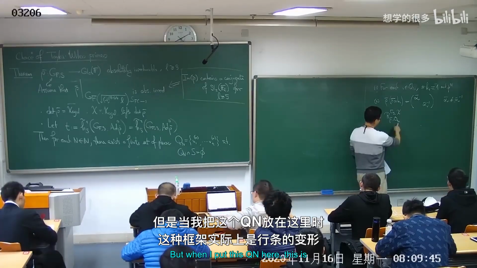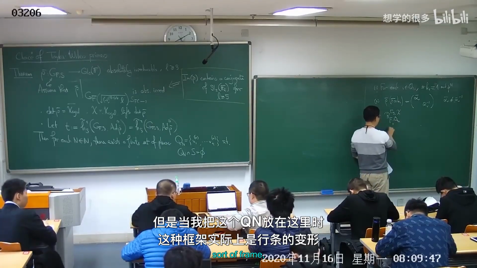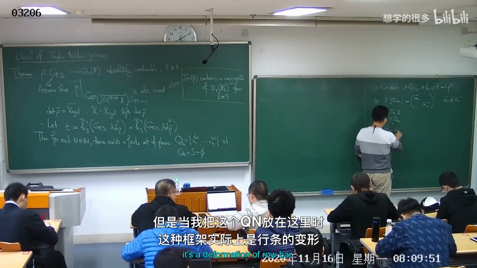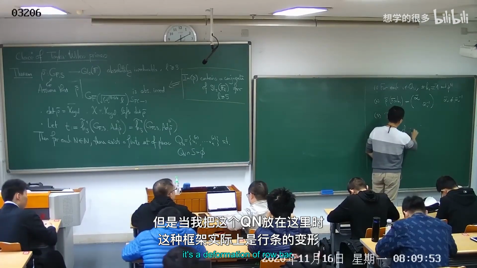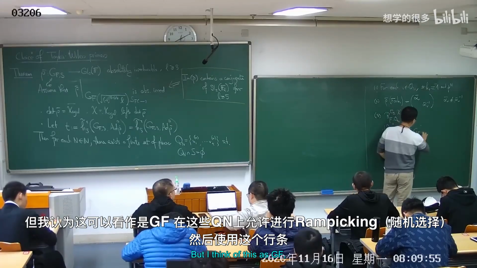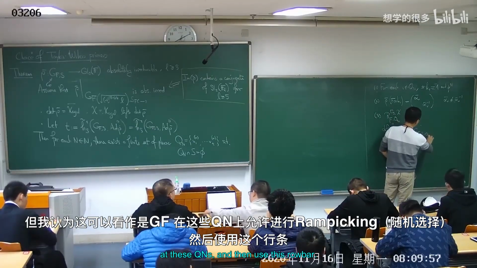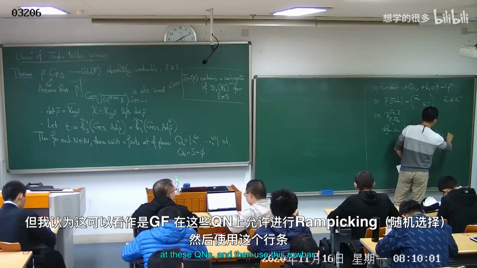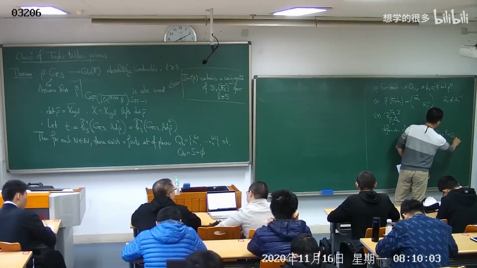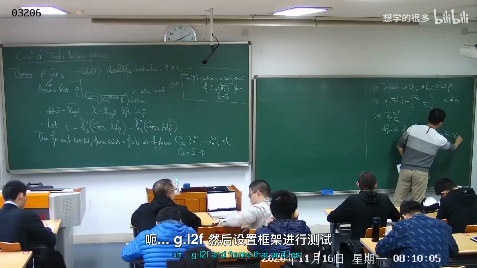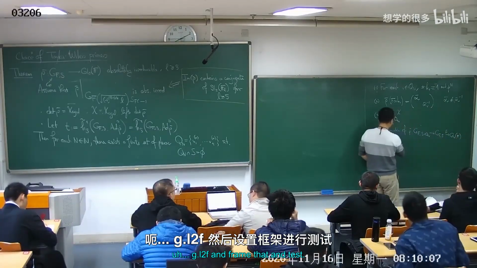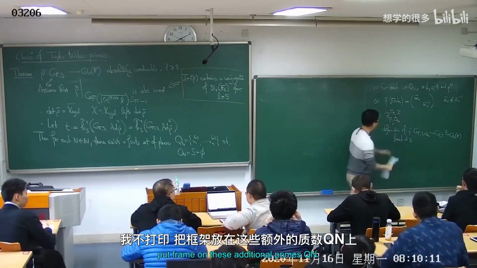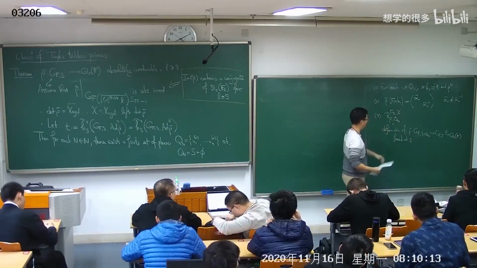But when I put this Qn here, this is a deformation of rho bar, where I think of this as GF allowing ramification at these Qn's, and then use this rho bar to GL2 of F, and frame that at S. I don't put framing on these additional primes Qn.